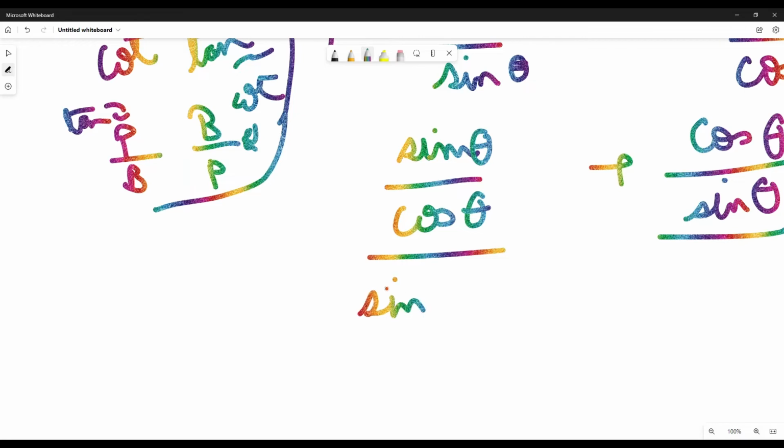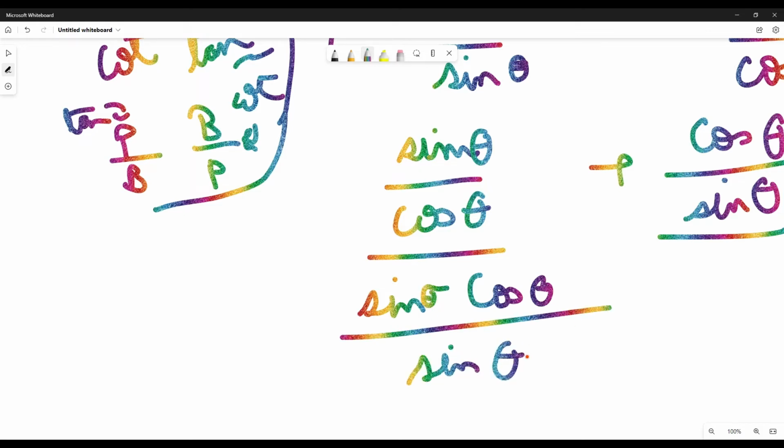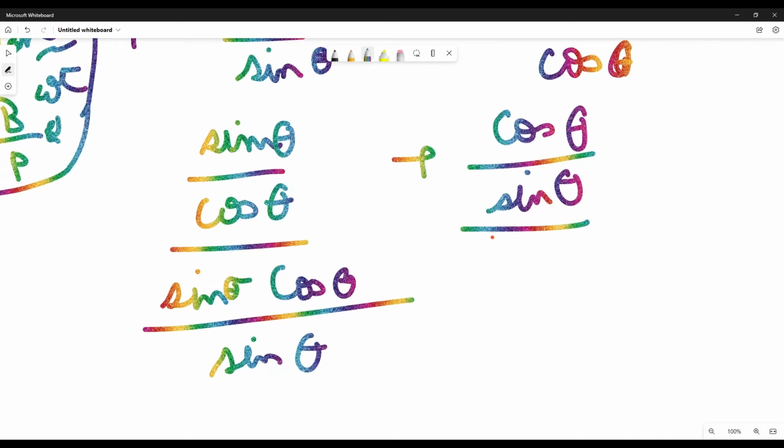Sine minus cos upon cos theta upon sine theta, right? And I think everyone knows how to take the LCM. Basically this is sine minus cos, this would be cos theta minus sine theta upon cos.